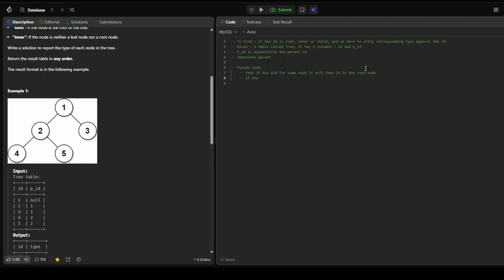If the ID is such that it appears as a PID in the table, then it is an inner. Else, it is a leaf.